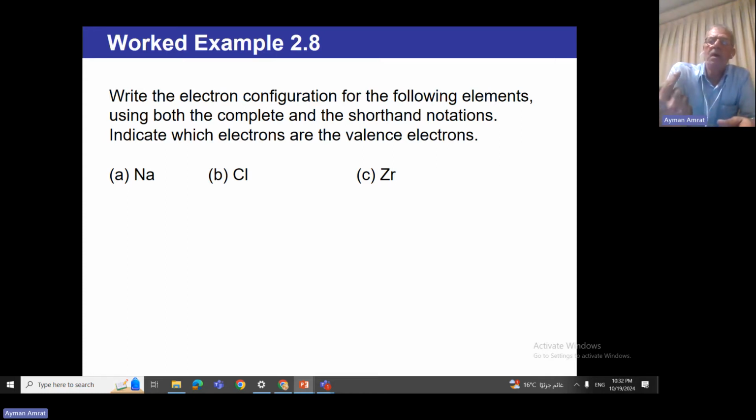So after the neon configuration comes 3s1. The outermost shell of sodium is shell 3, where 3s has 1 electron. So the configuration for sodium is neon 3s1.